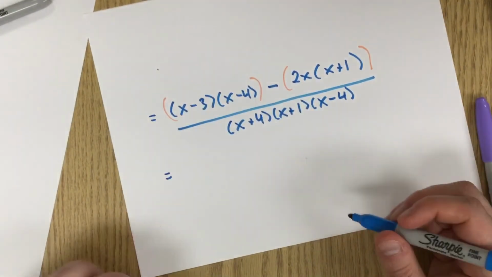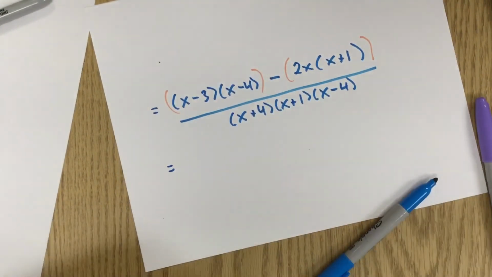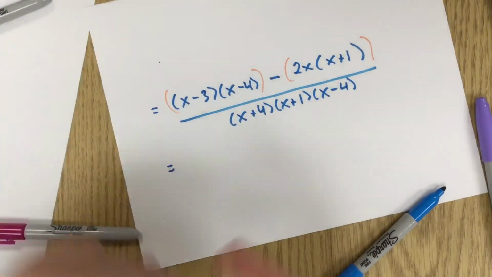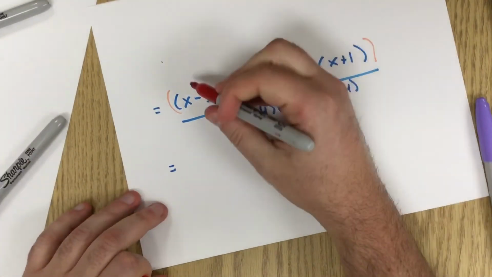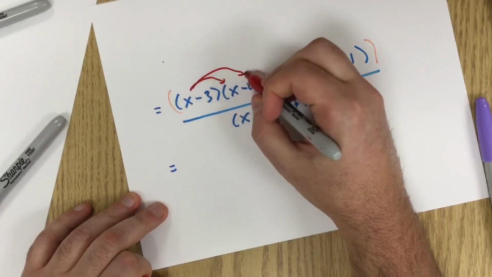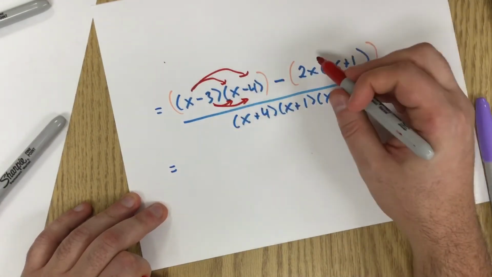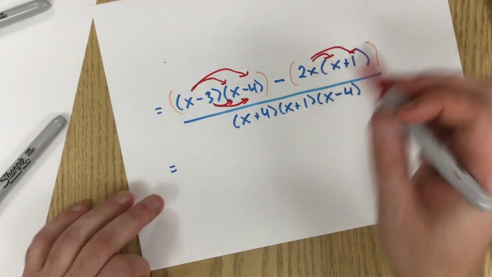Which is, we're now going to do some expanding. So that's going to be a binomial expansion. So that. This one multiplies into those two.